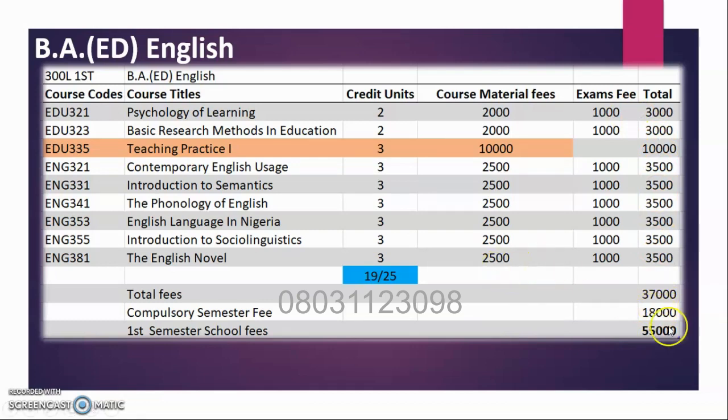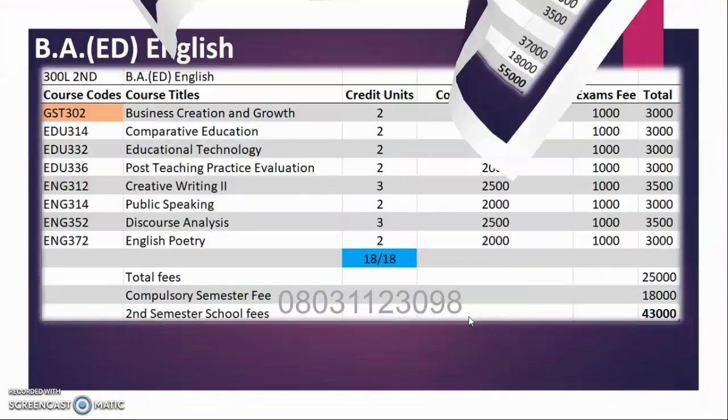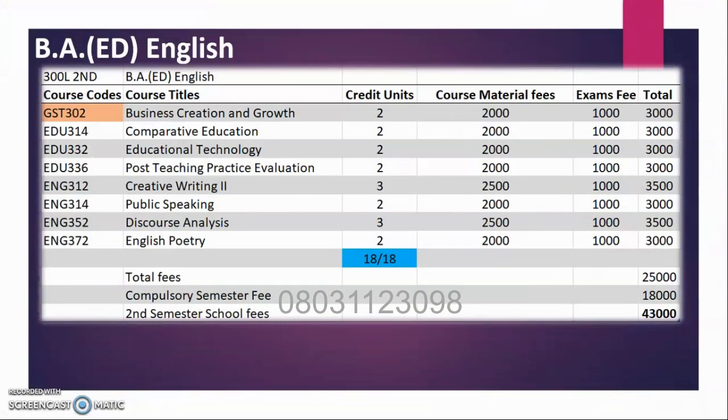It includes 18,000 compulsory fee. Although there are 25 units of courses this year, only 19 is required of you. If you could pass 19, that's it. Even if you register all of them, you don't have to rewrite whichever one you carried over. If you have 3 electives, you may register 2 or even 1. You're expected to pick one, or mainly one elective each semester.